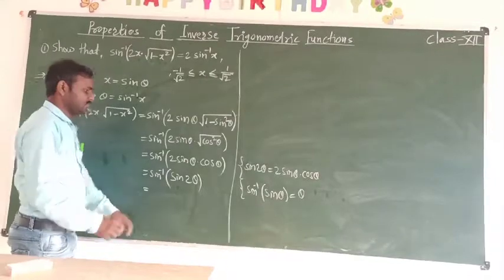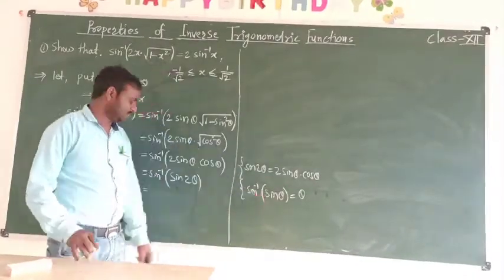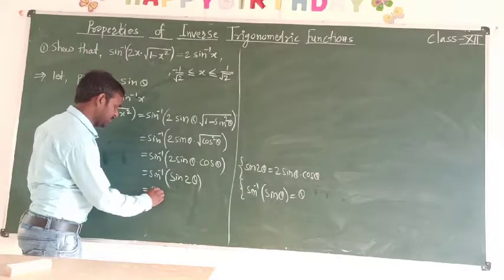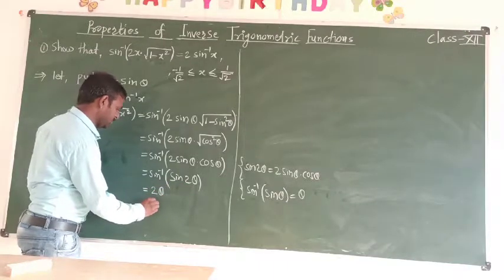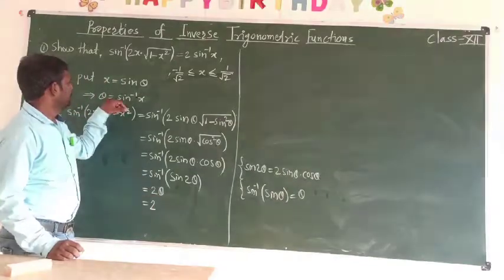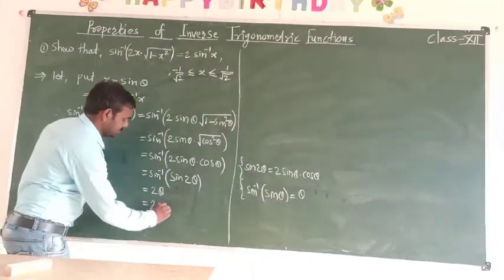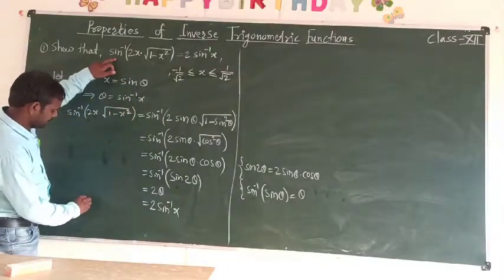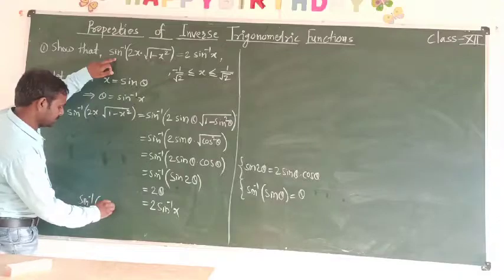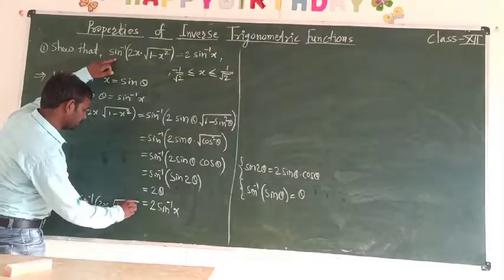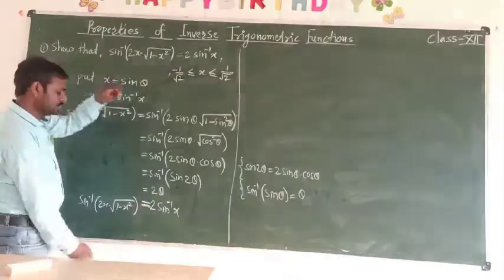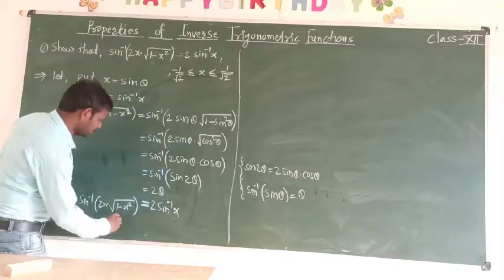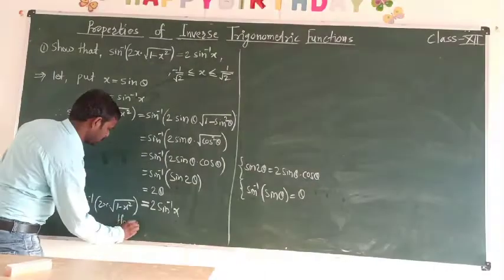So by using that property, sin inverse of sin 2 theta gives us 2 theta. Therefore, replacing theta by sin inverse x, we get sin inverse of 2x into under root of 1 minus x square is equal to 2 sin inverse x. Hence proved.